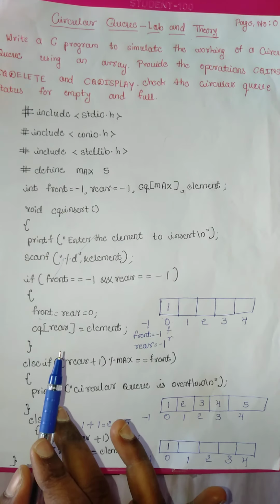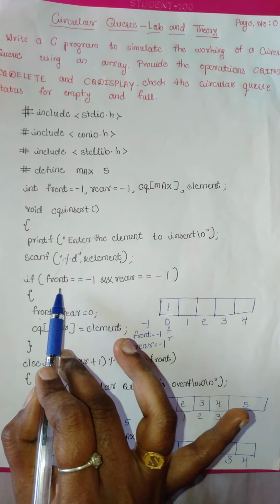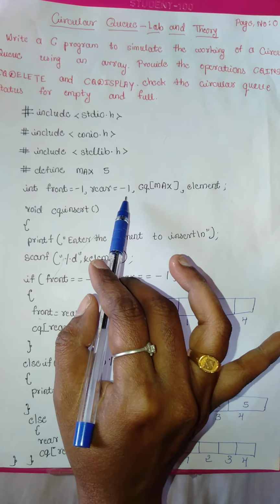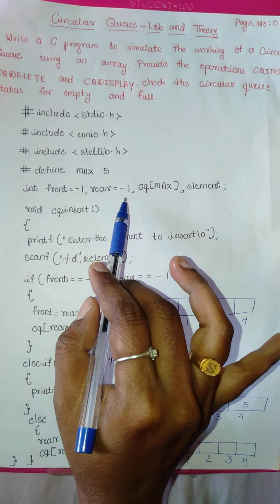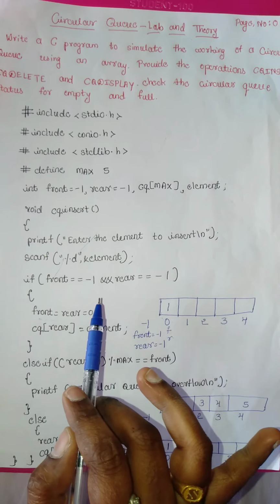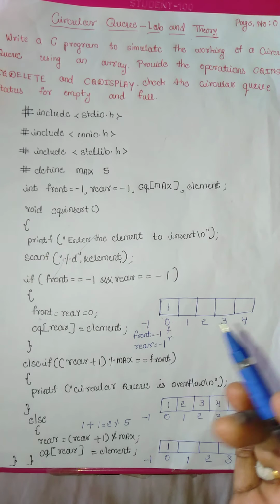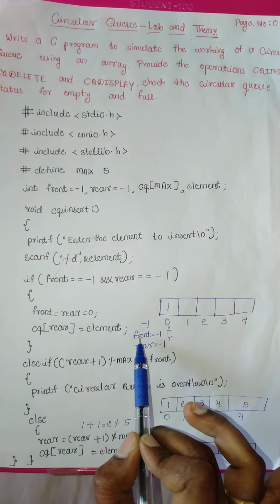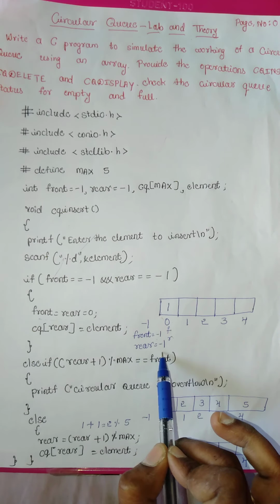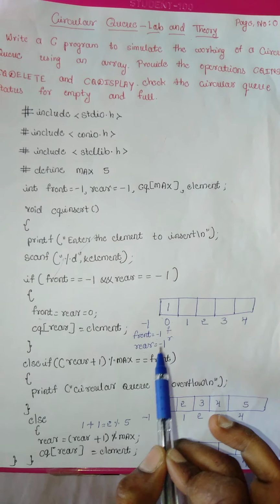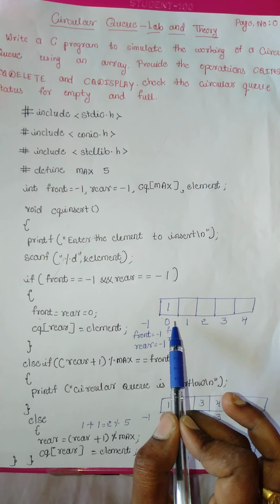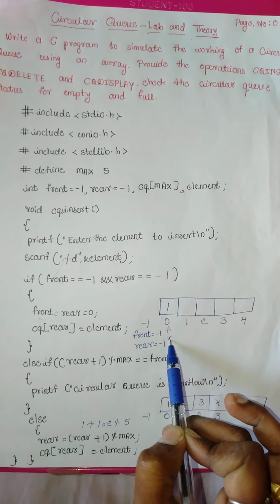In the second condition, initially I initialized the front value to -1 and the rear value to -1. When the front value is -1 and the rear value is -1, in that condition we can manually reset the front and rear variables to 0. After resetting, the front value is 0 and the rear value is 0.